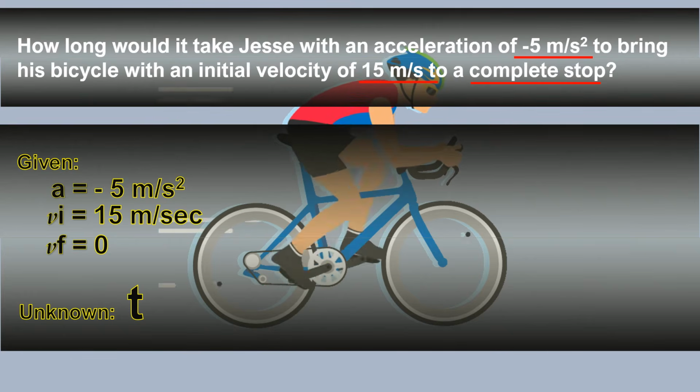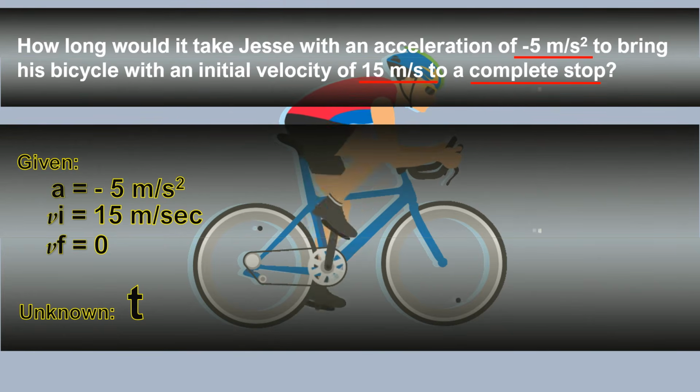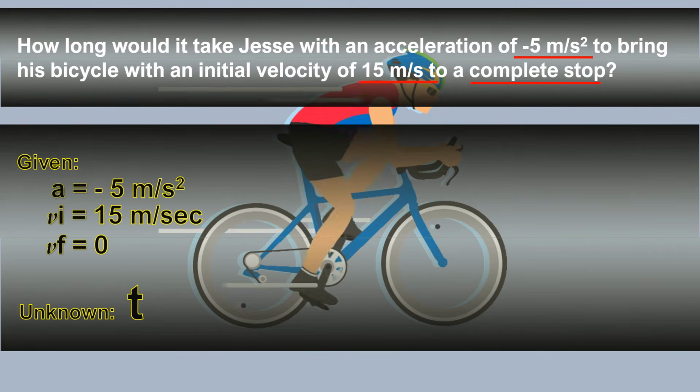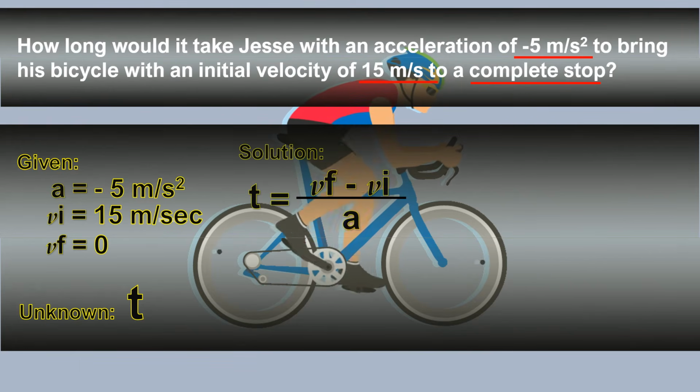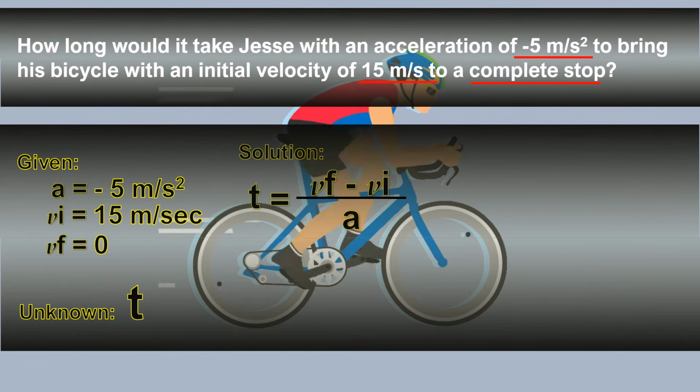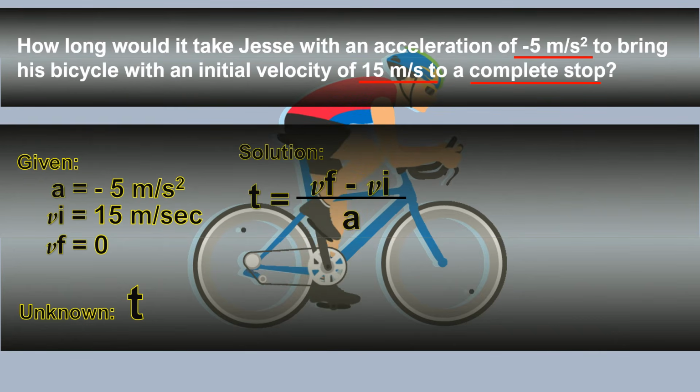Next, find the unknown. And in this problem, we are looking for time. And time has a formula of Vf minus Vi divided by A. Then, substitute the given to the equation.